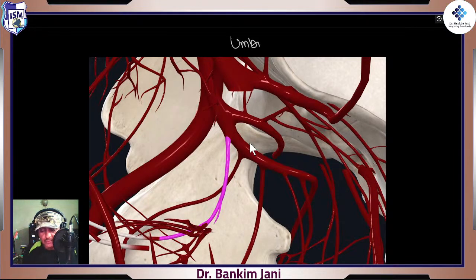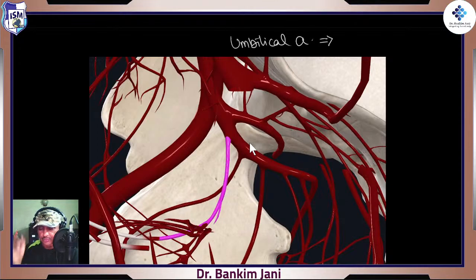So it is this umbilical artery, and as we said, this artery after birth, only its part persists, the rest is degenerated, and the degenerated part is what we call the medial umbilical ligament.